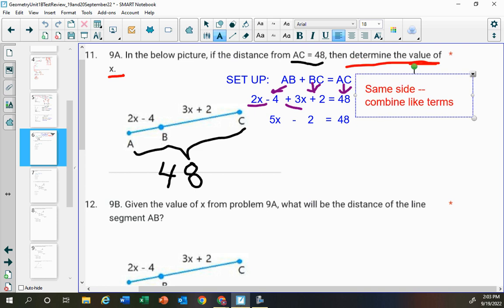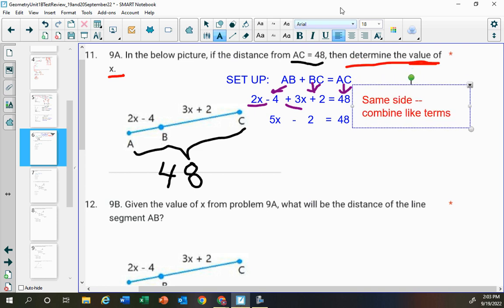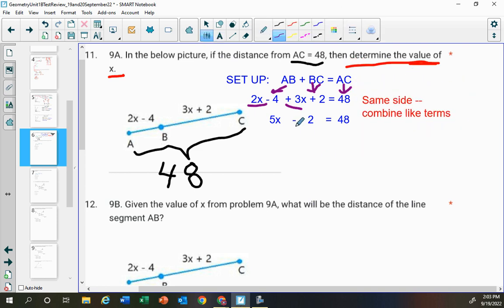Yep, that's our next step. So now you add 2 to both sides. Very good. And then what's our... And x equals 10.